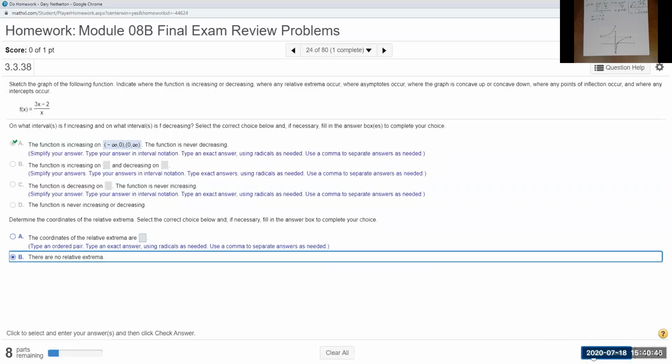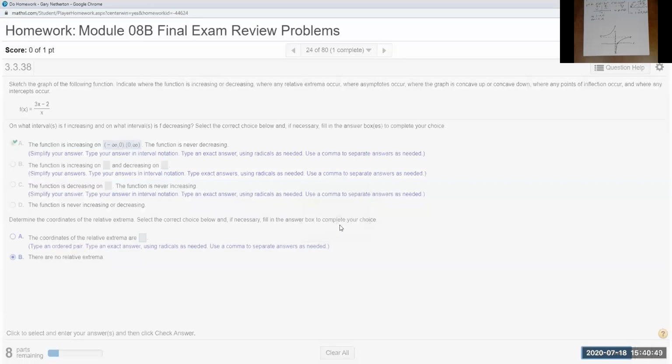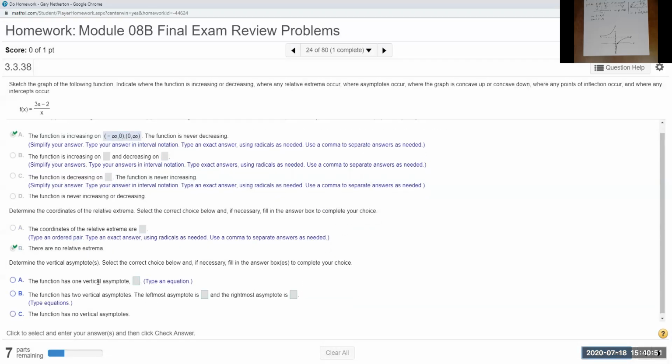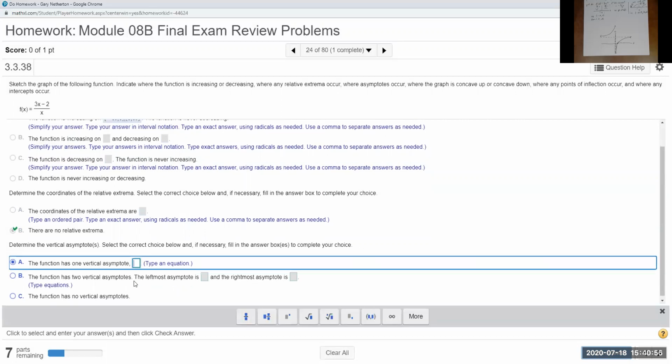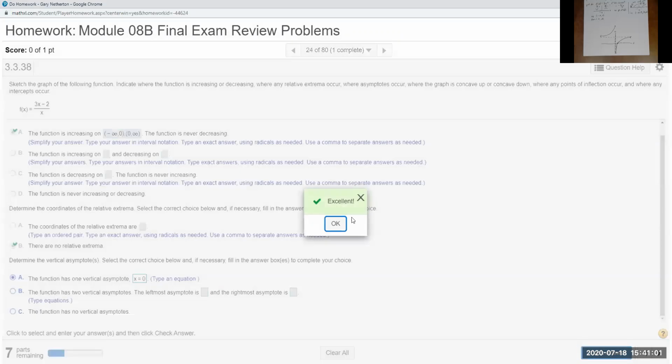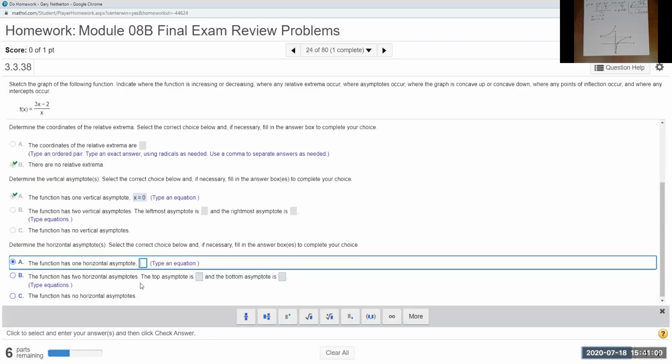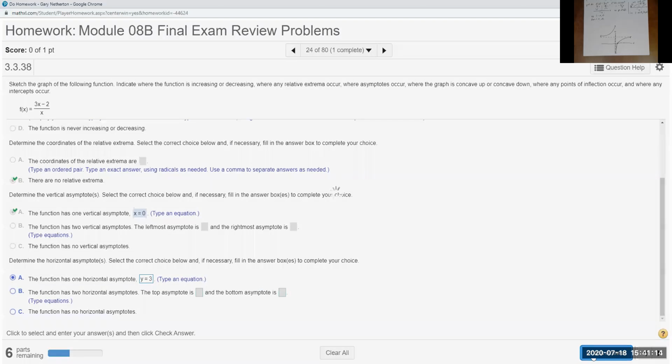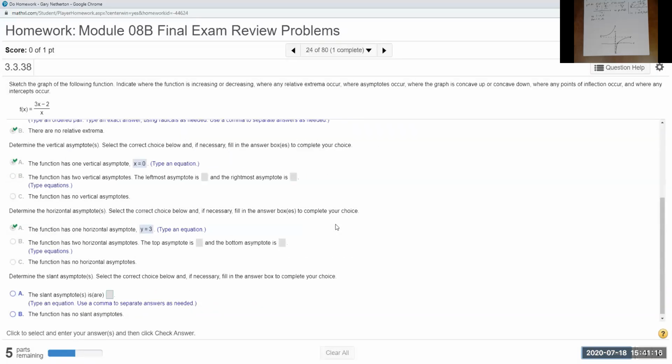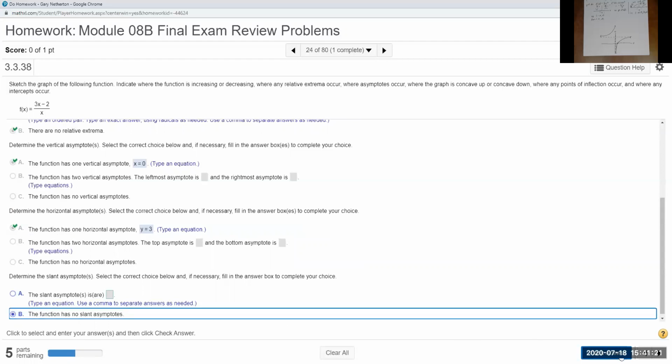Once again, there aren't any. Vertical asymptotes, I said x equals 0. Horizontal asymptote, y equals 3. There are no slant or oblique asymptotes.